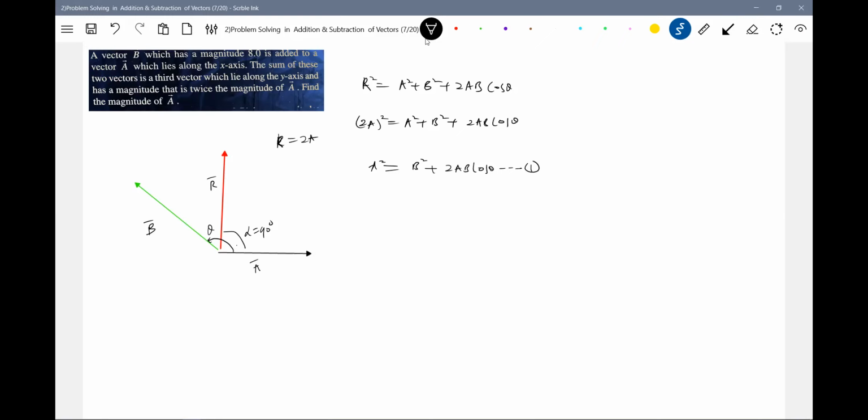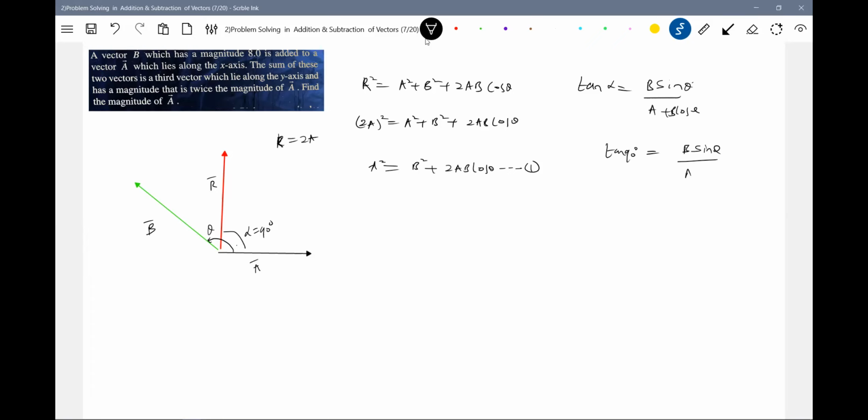Now we'll take help of tan alpha. Tan alpha equals B sin theta divided by (A plus B cos theta). Tan 90 equals B sin theta by (A plus B cos theta).